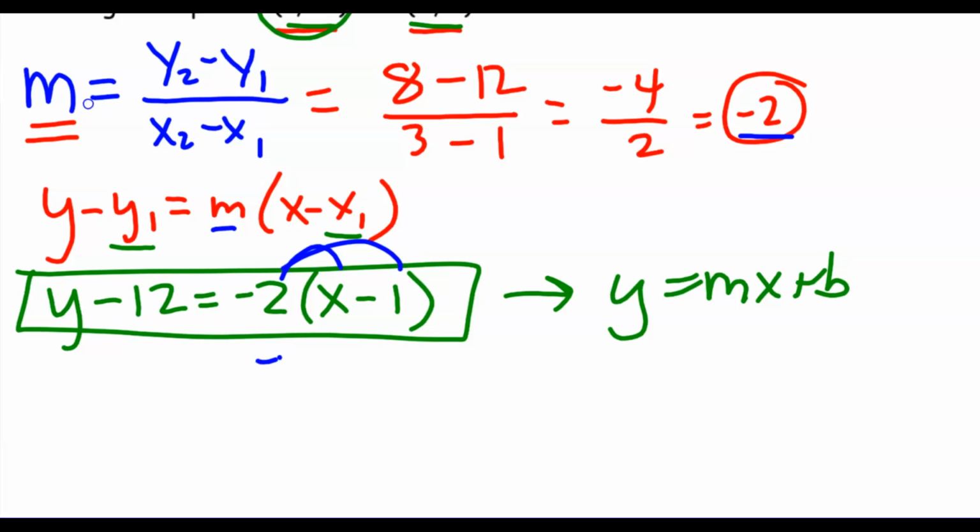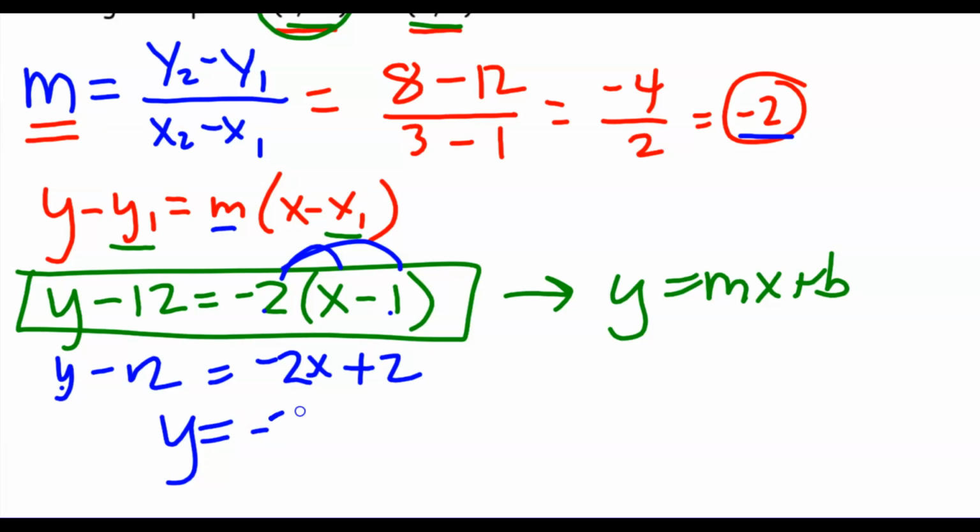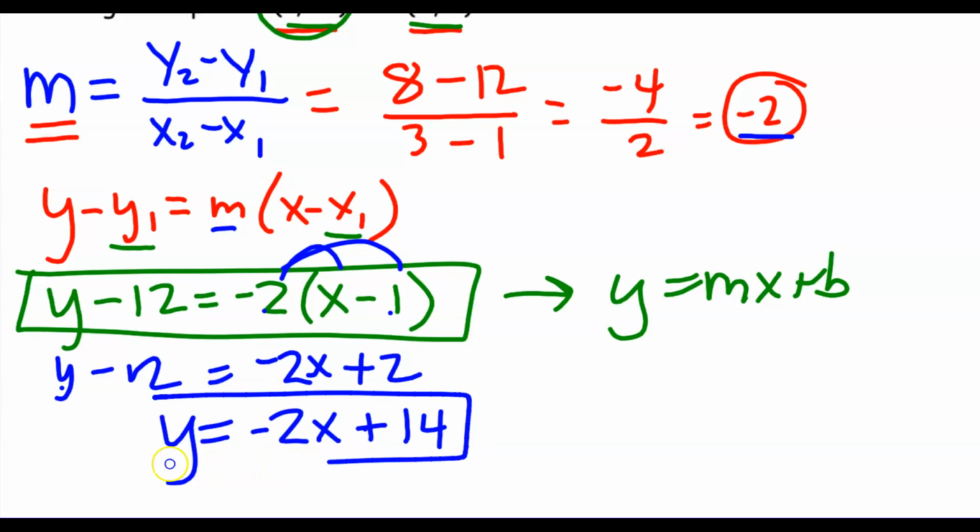So I get -2x, -2 times x is -2x, -2 times -1 is +2. The last step then would be to add 12 to both sides, and I get -2x plus 14. Two different equations for the same line. Both are correct.